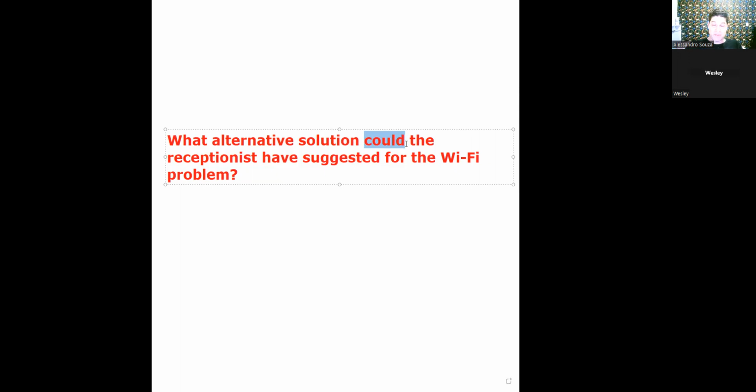Então, could have seria poderia ter sugerido. Nessa frase em especial, ele está cumprindo a função de poderia mesmo, do verbo can. Em outras situações, ele cumpre uma outra função, mas aqui não. What alternative solution could the receptionist have suggested? Poderia ter sugerido.